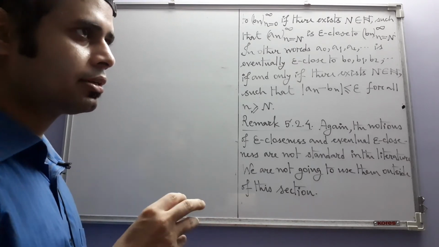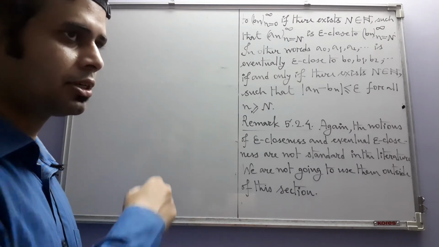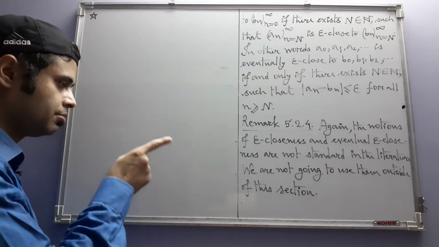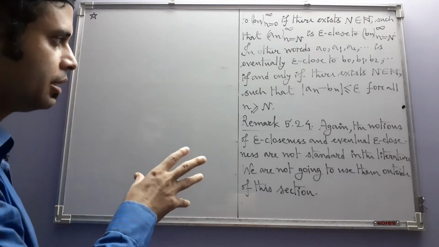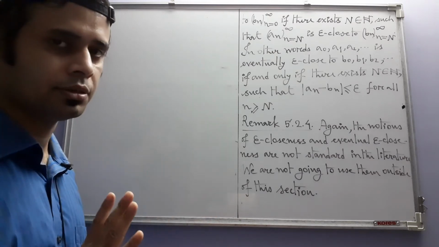Once you understand what a Cauchy sequence is, you are expected to forget those notions. Okay, the same will be the case here. Once we get the definition of an equivalent sequence, then we have to remember that definition.